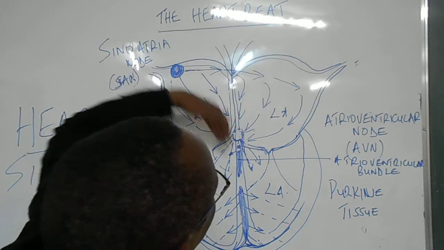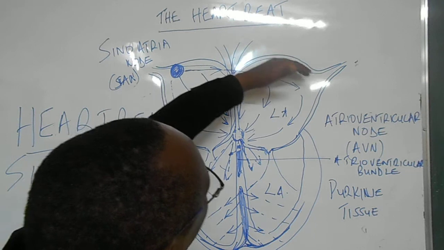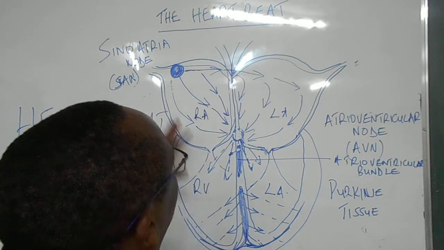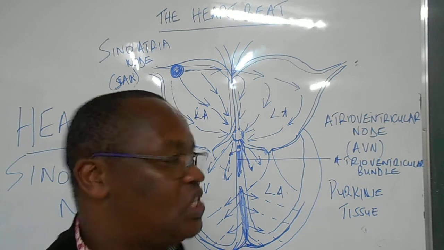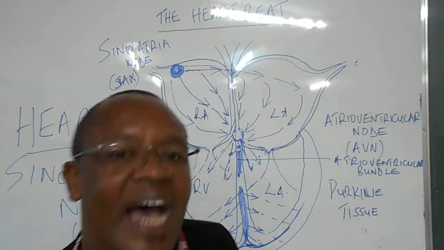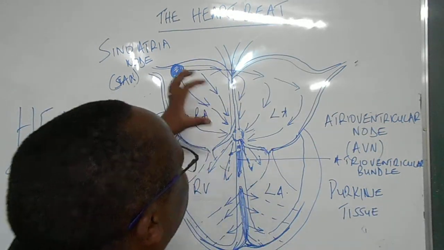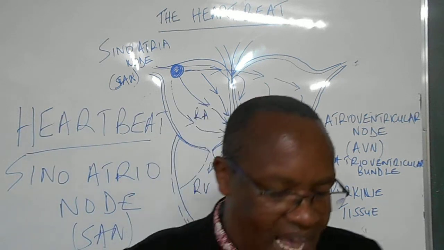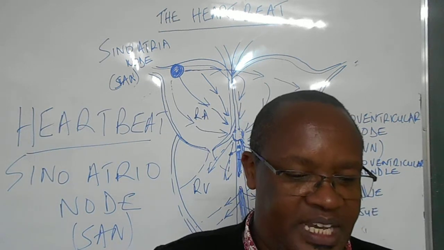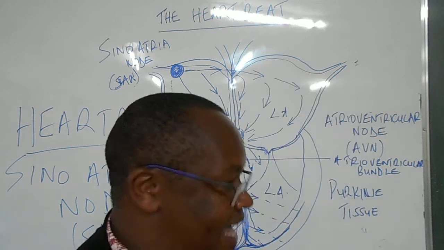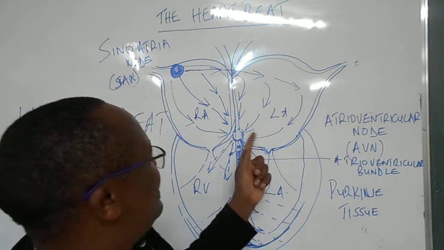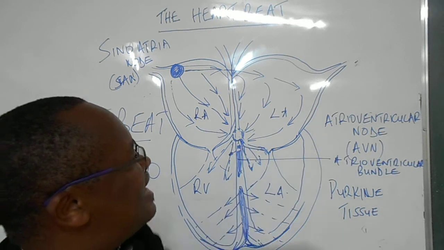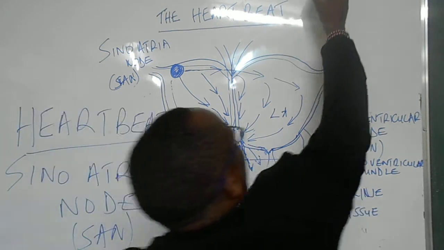As you can see, the arrows are showing the direction of the wave of excitation. The first part of the heart that receives this wave of excitation are the two atria. The two atria contract in unison.